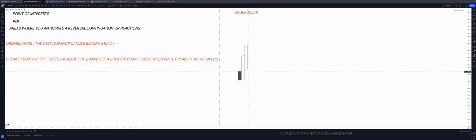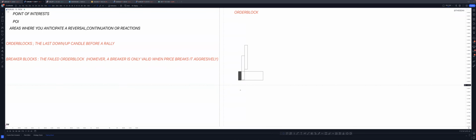In this case, this is the rally. Where is the last down candle? This guy is the last down candle. That is your order block.